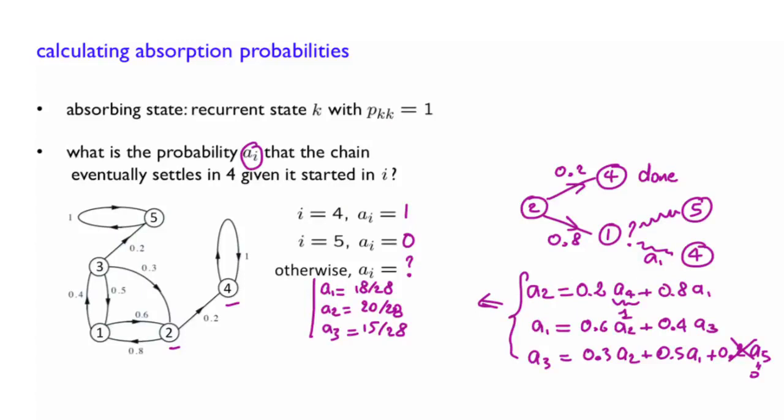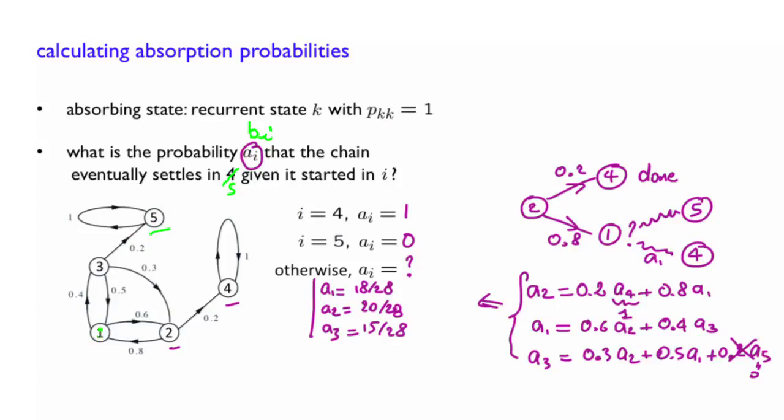Now, what if you had been interested instead in finding the probability B of I that the chain eventually settles in 5 given you started in I? How to do that? Well, you can repeat exactly all this calculation that we have done, but looking at 5 as the state of interest. But of course, you don't have to do this.